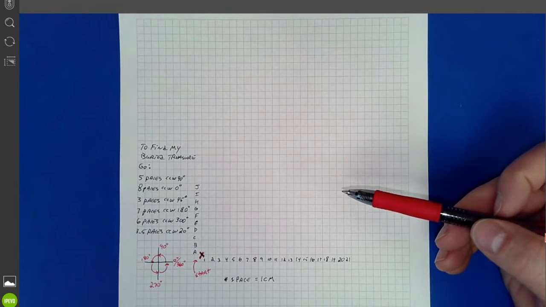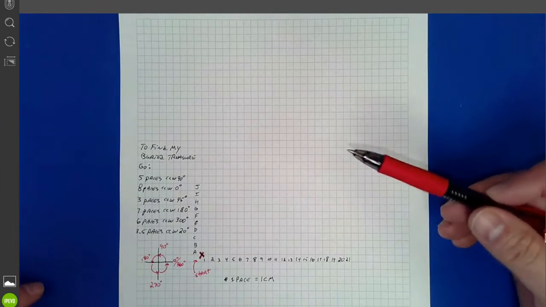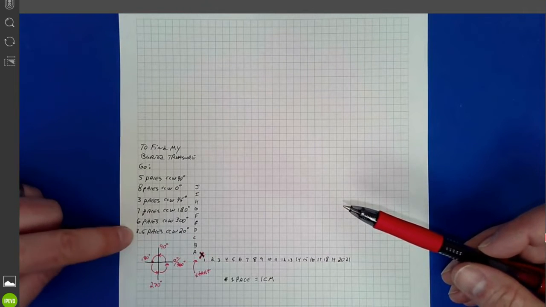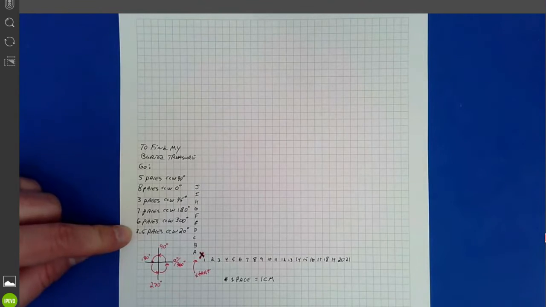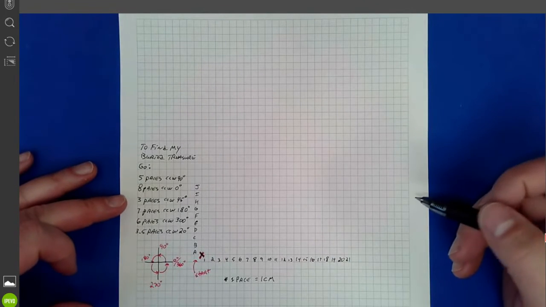So you're going to need a protractor and ruler to do this. Let's say these are the vectors I have for you to find the buried treasure on my treasure map. I'm going to go through each one and show you how to do this.